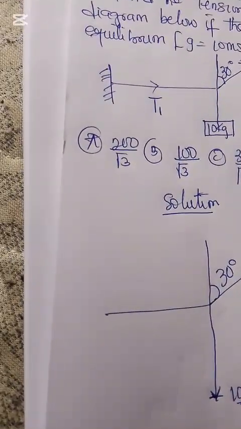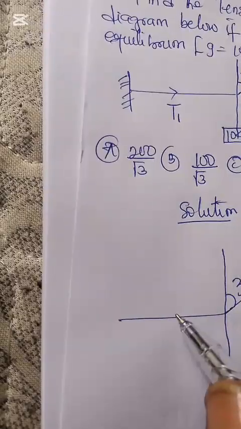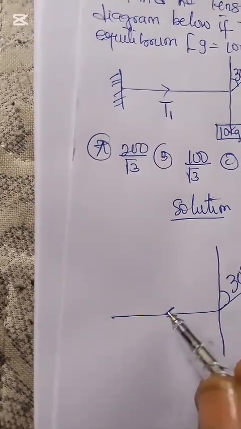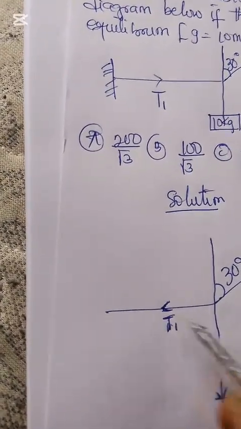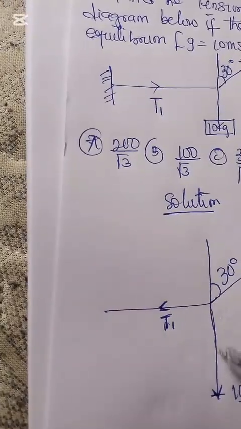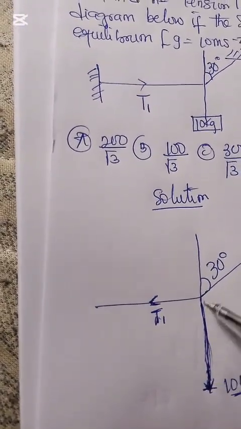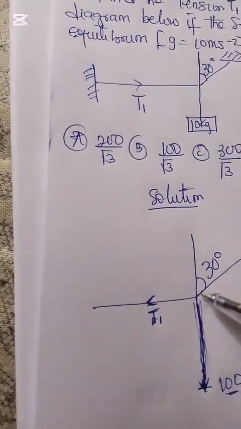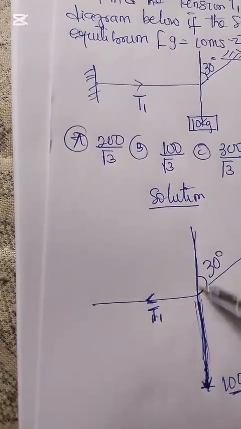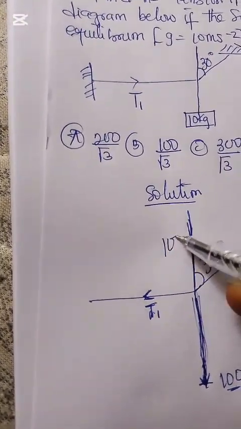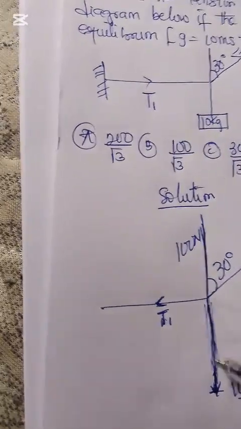So what do I do to solve the equation? Remember, here was our tension. That's what we're looking for, tension T1. Since our 100 Newton force is hanging downward, that is vertical, I can decide to say that this can also represent the vertical force. So here should be 100 as well, since it is vertical.